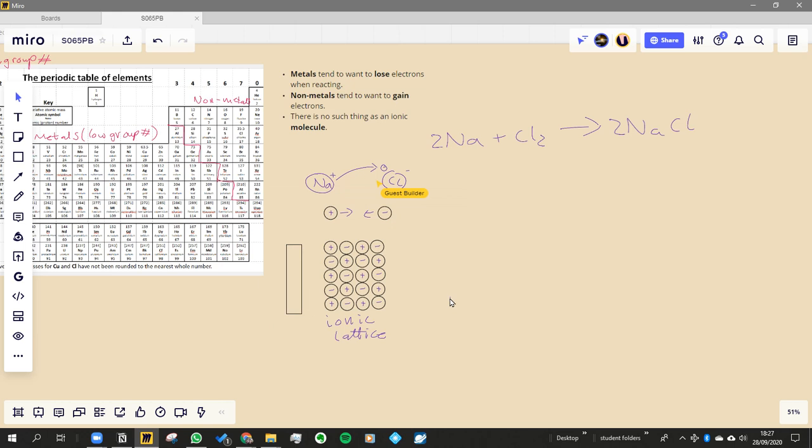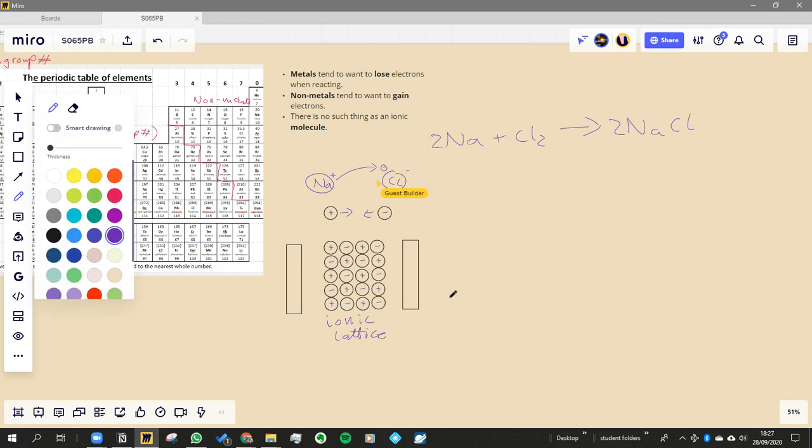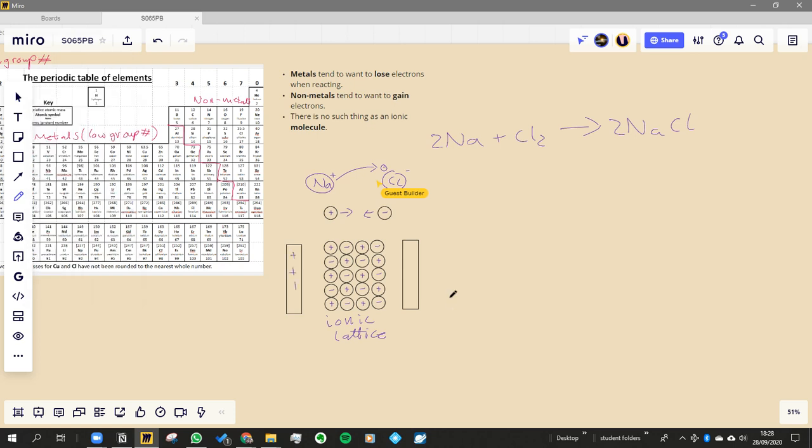And one here. Let's say we had this really positively charged and this really negatively charged. That would be quite good, because all the chloride ions would move over to here.